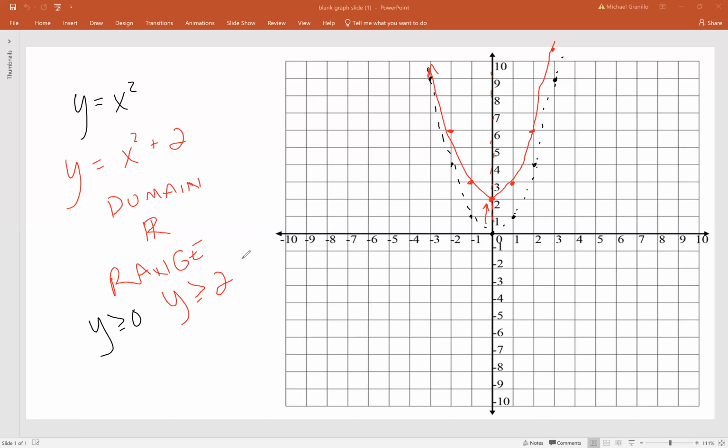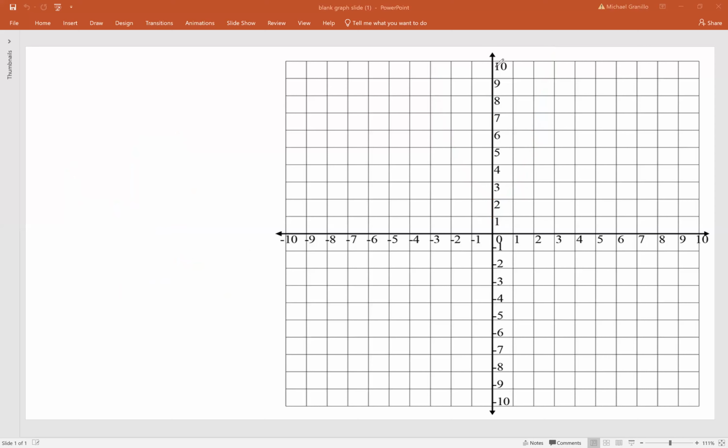Let's look at a couple more examples. Let's say, well, let's just do f of x is equal to x squared minus 3. Okay. So what's that minus 3 gonna do? Well, it's gonna move it down 3. Why down?